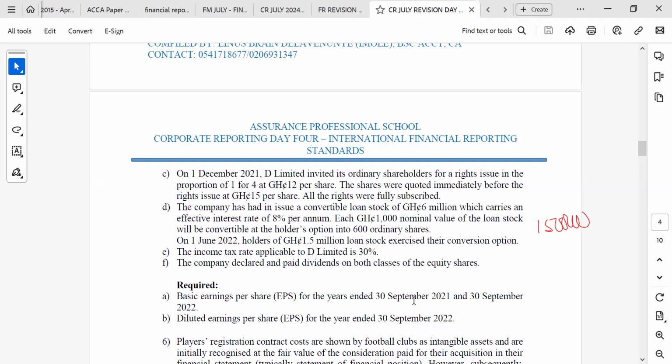Each 1,000 of this amount, how many shares are they giving? 600. So what you do is divide this by 1,000 and multiply by 600. Or you can do 600 over 1,000 multiplied by 1,500. Since we are keeping 3 zeros, how much are you getting? 900. You'll be getting 900. Okay.